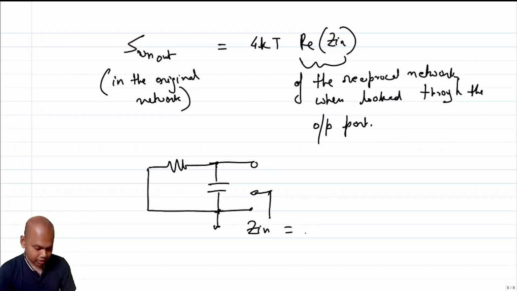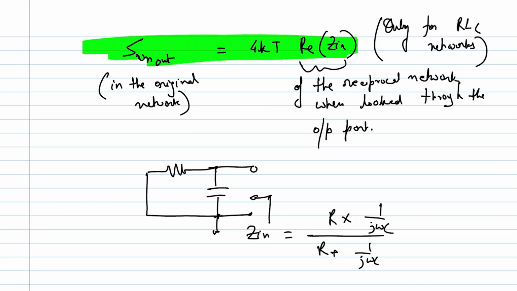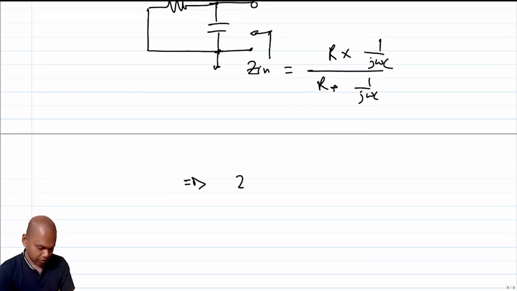In this case, it's basically one R and one capacitor in parallel, which is nothing but R times 1/(jωC) over R plus 1/(jωC). In other words, Zin is R/(1 + jωRC).